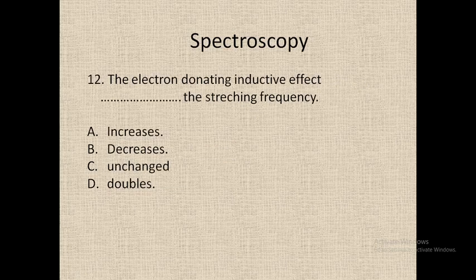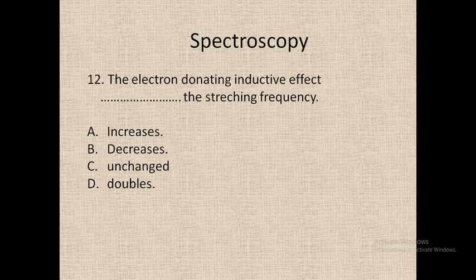Okay. So next question, the electron donating inductive effect dash dash the stretching frequency. Option A increases, B decreases, C unchanged, or D doubles. So what will be the answer?